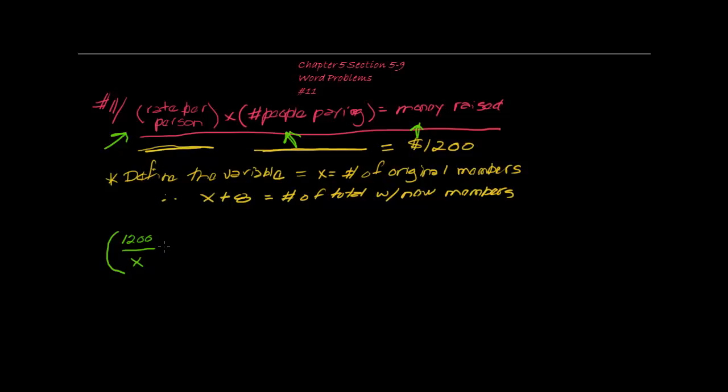But we've got an expanded number, so that's going to decrease by $7.50 per person. If you're part of the club, you're psyched, right? So now you're paying $7.50 less. We multiply that times the total number of people, which is now x plus 8. Now all of this goes into raising $1,200.